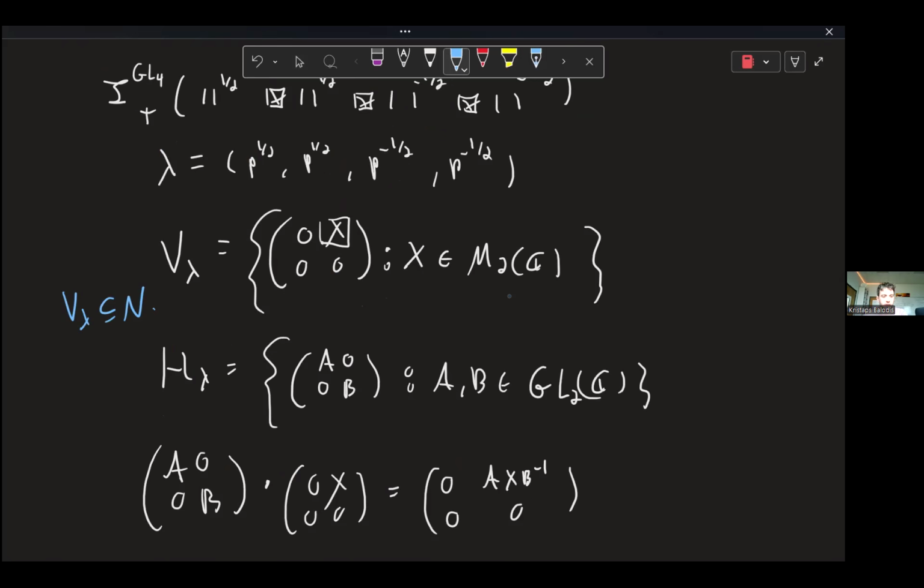I don't know if you're familiar with that terminology. The H lambda itself will always be a Levi subgroup. But the analogy isn't so direct that you should be thinking of the H lambda as like a Cartan, or even the lambda as like some sort of weight.